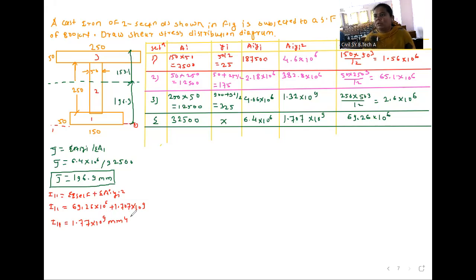After that, we will calculate Ixx. So I11 is equal to Ixx plus summation of ai into y bar square. So 1.77 into 10 raised to 9 is equal to Ixx plus 32500 into 196.9 square.